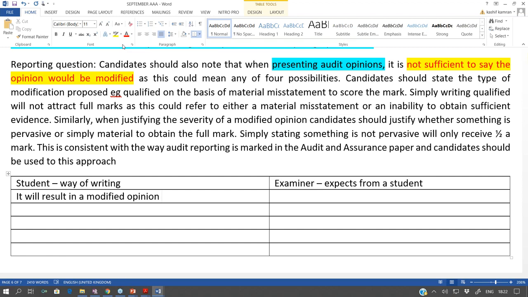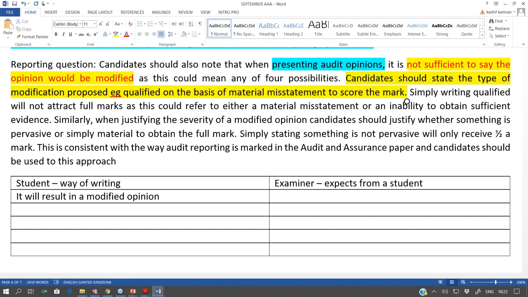The examiner says no, this is not possible, because if you say modified, you need to clarify which modified. Modified can be qualified, modified can be adverse, modified can be disclaimer. The examiner says the candidate should state the type of modification, for example, a qualified opinion on the basis of a material misstatement, to score marks. So the column on the left is wrong: it will result in a modified opinion.